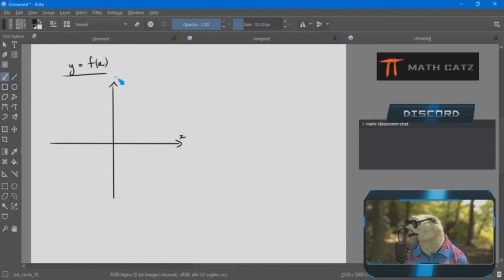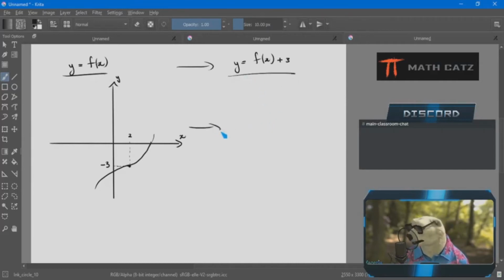Now the point 2, -3 is going to sit over here somewhere, right? 2 for x, -3 for y. It could be all kinds of stuff happening. Who knows what this graph is? But I'm changing the function to the same right-hand side, and then I'm adding 3. Then the graph changes in a predictable way.